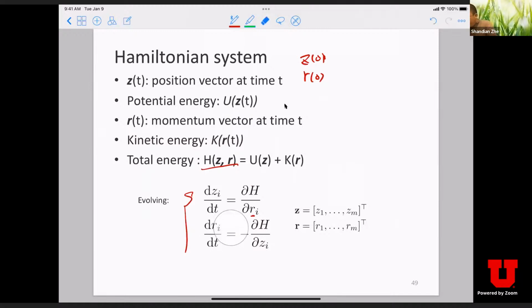On the other hand, the change rate of every momentum element, say r_i, is the negative partial derivative of the total energy with respect to the corresponding position z_i.